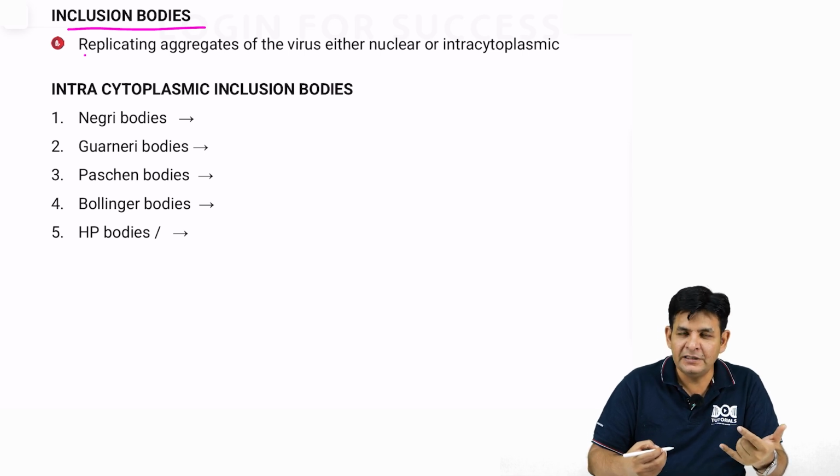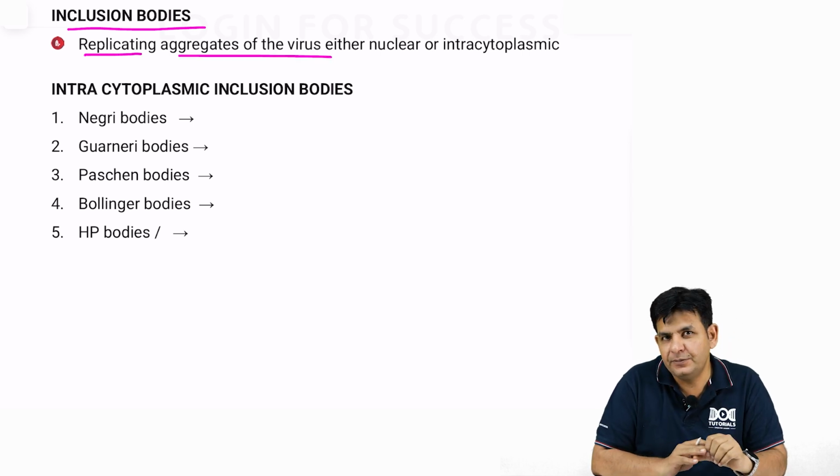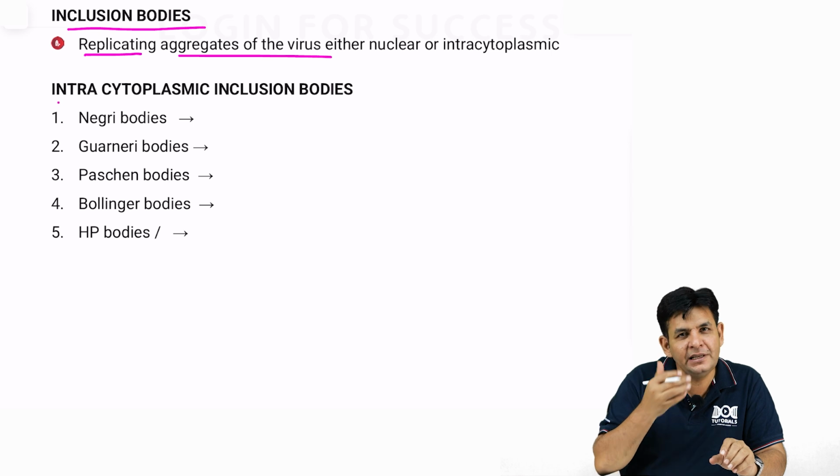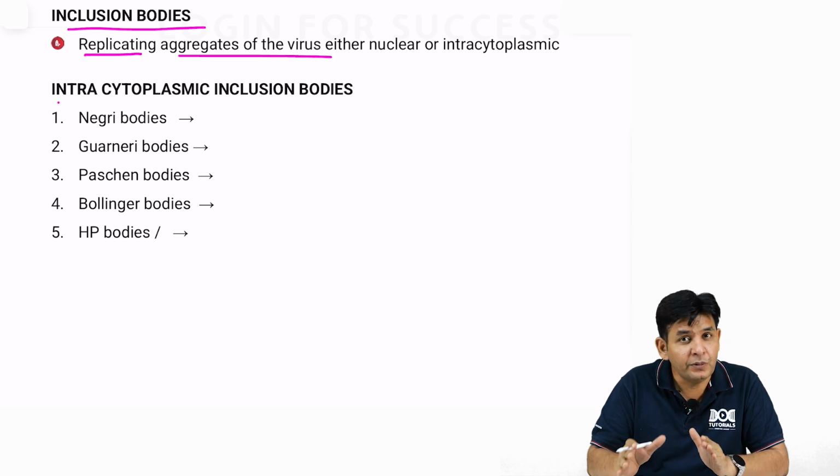What are inclusion bodies actually? They are replicating aggregates of the virus. Okay, replicating, you know now the viruses replicate either in the nucleus or in the cytoplasm. Most of the DNA viruses replicate where, guys? In the nucleus, except a few. Which one?